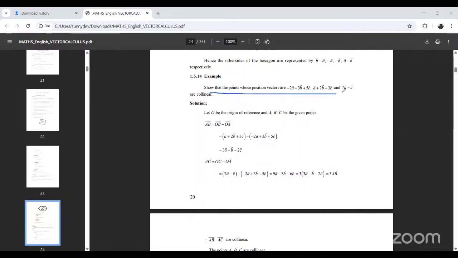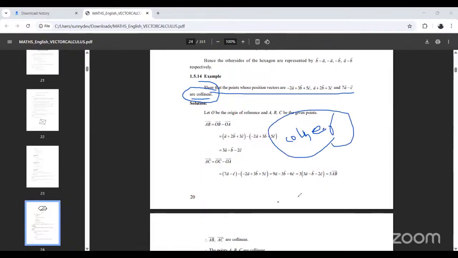And next is the collinear. Show that the three position vectors are collinear. So one thing I have to tell: what is the meaning of collinear?